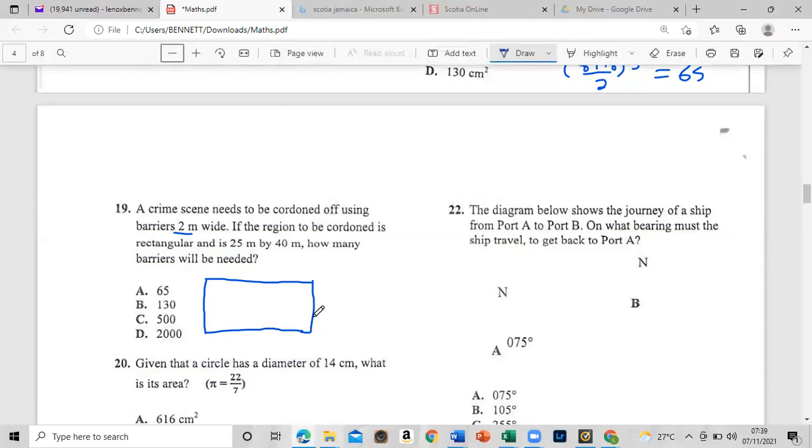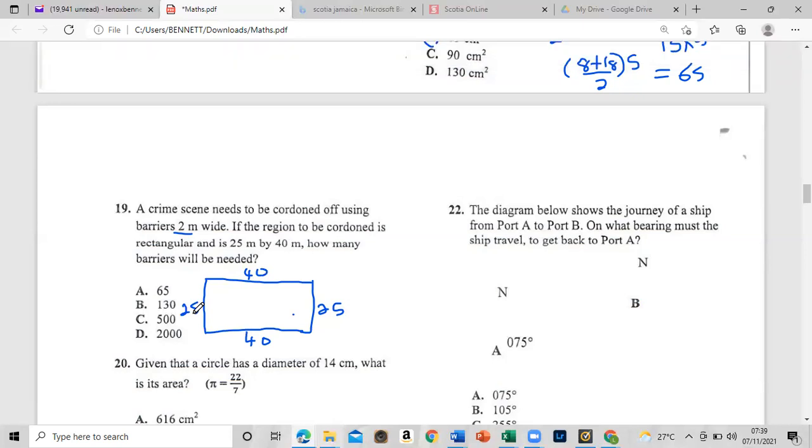So it's a perimeter. This is 25 and this is 40. If I want to block off a crime scene, I would interpret it as perimeter. So it would be 40 plus 40, that's 80, plus this, that's 130.